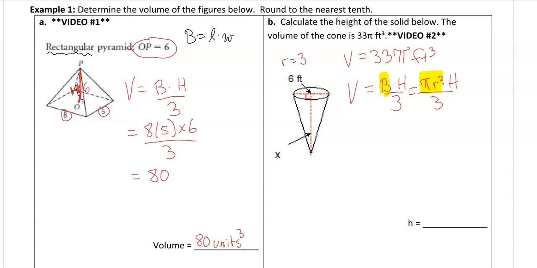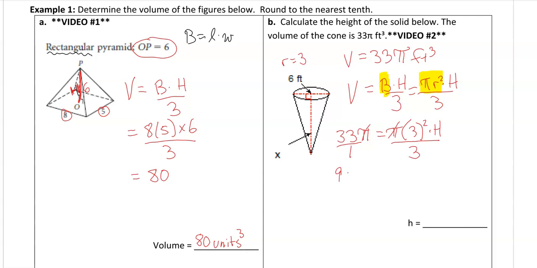So let's go ahead and substitute everything in. I've got 33 pi is equal to pi times 3 squared times h, you can put an x if you want, all over 3. I have a pi on each side, so those are going to cancel. I'm going to put this over 1 and cross multiply.